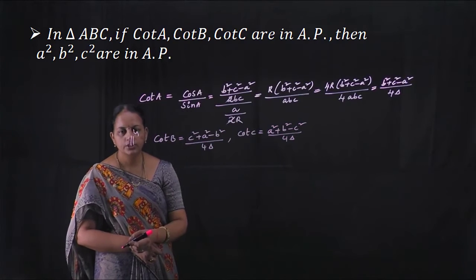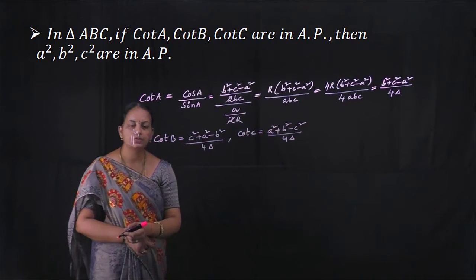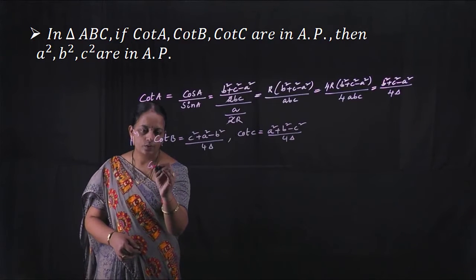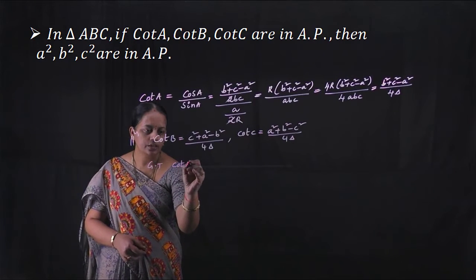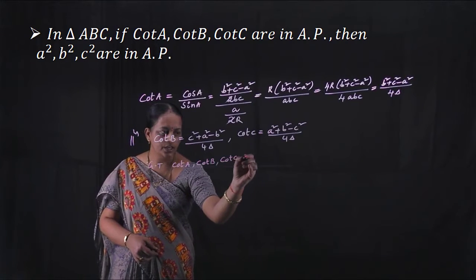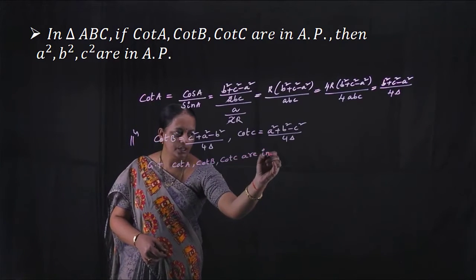Now the question given is, in triangle ABC, if cot A, cot B, cot C are in AP, we are given that cot A, cot B, cot C are in AP.